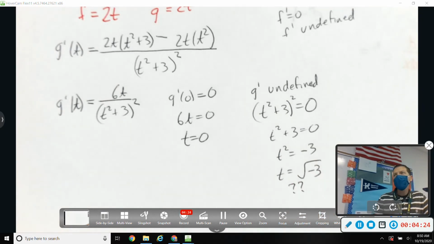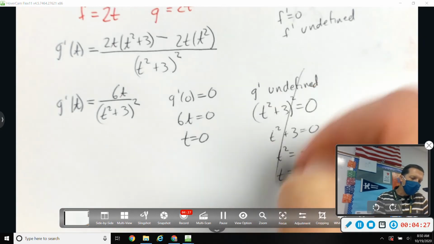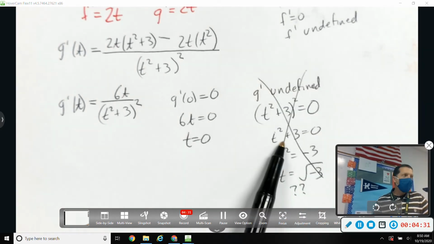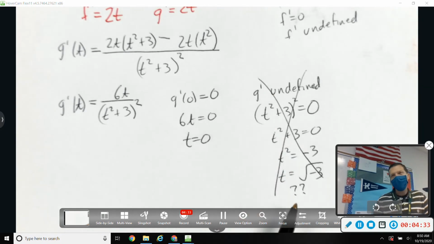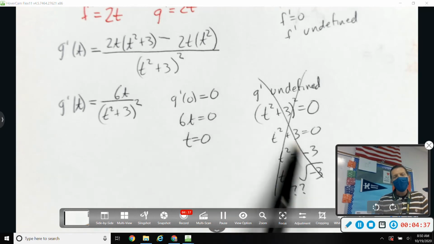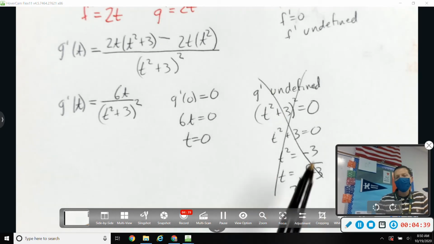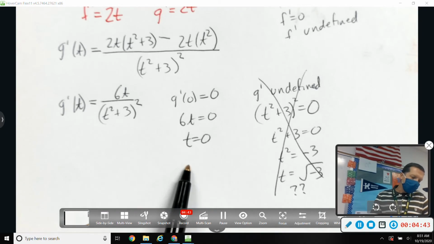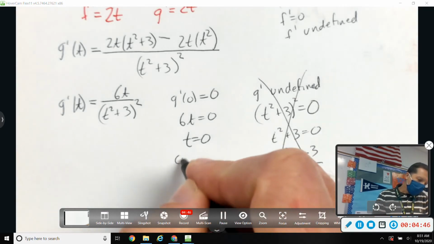At least it gives you imaginaries. So there's no places where g is undefined. This happens a lot, and so a lot of times students forget to check for it. And hey, half the time, if you forget to check, you'd be fine. But we'll throw some on there where if you don't check them, you'll miss it. So t equals 0 is my only critical number.